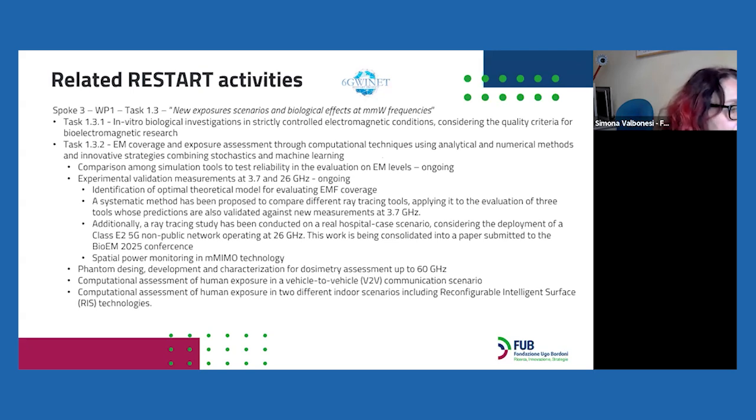In particular, Spoke 3, Work Package 1, Task 1.3 and Task 1.3.1, which relate to in vitro biological investigation, and Task 1.3.2 is the task I'm working on, in electromagnetic coverage and exposure assessment through computational techniques using analytical and numerical methods and innovative strategies to combine stochastic and machine learning.